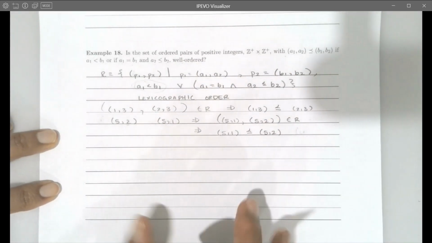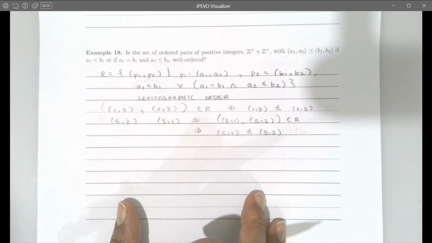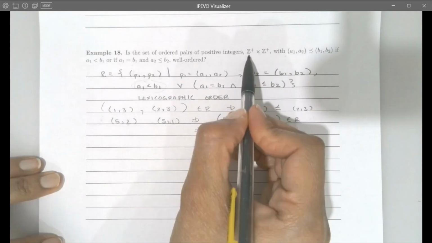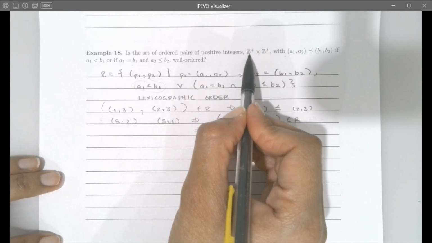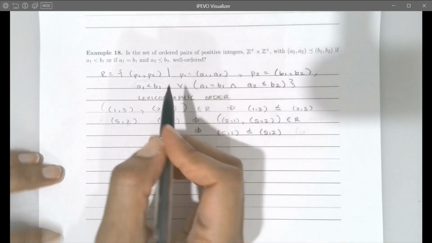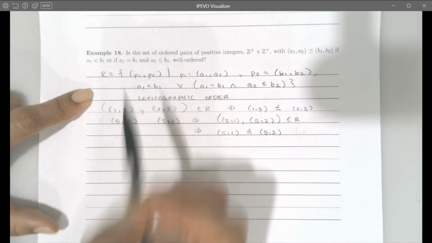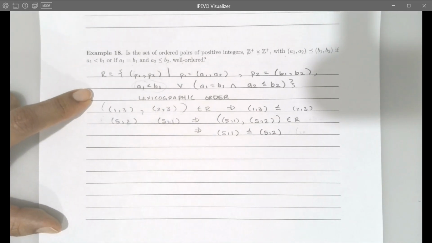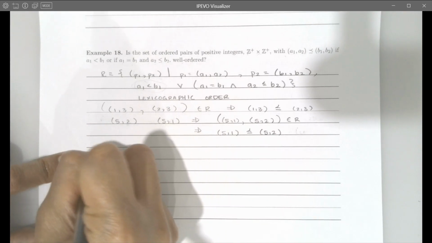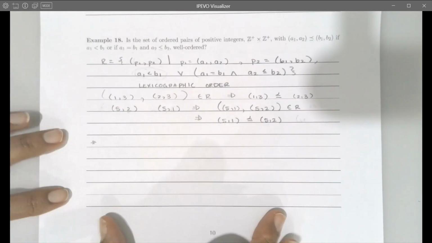Okay, so they're asking us, will the set of positive integers cross itself be well ordered under this relation? Okay, so there are a few things that we would need to check that I'm going to actually leave for you as an exercise, these first parts.